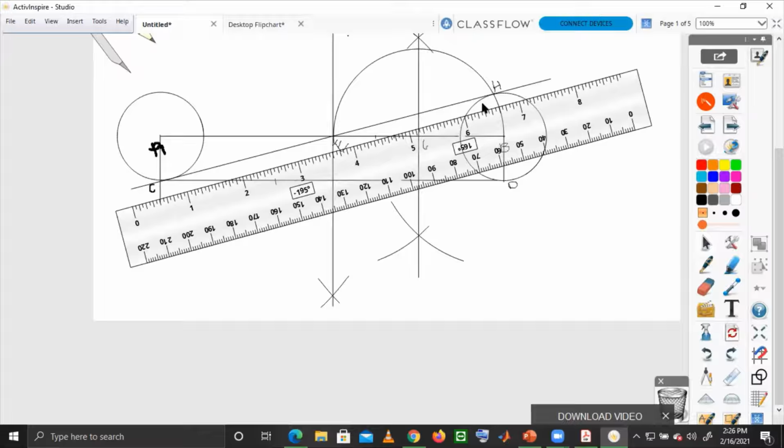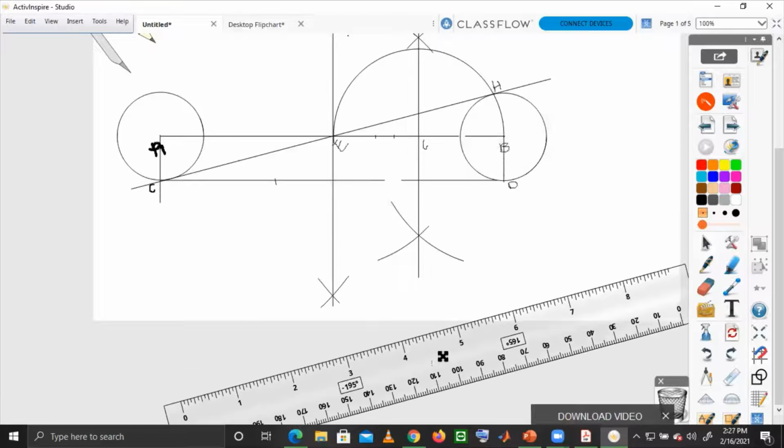And the same thing applies here. If you should draw a line from point H through to point B, that line will be perpendicular to this tangent line. Okay, so we've got our tangent line.